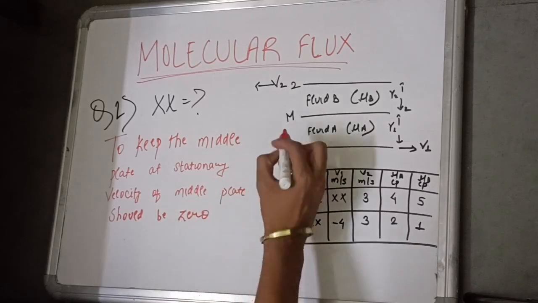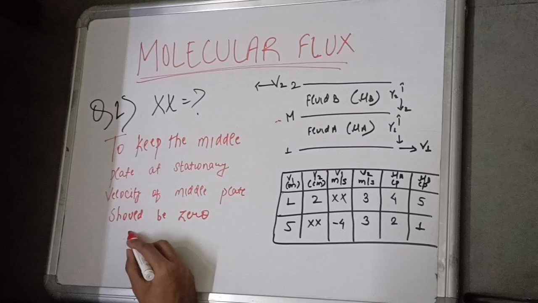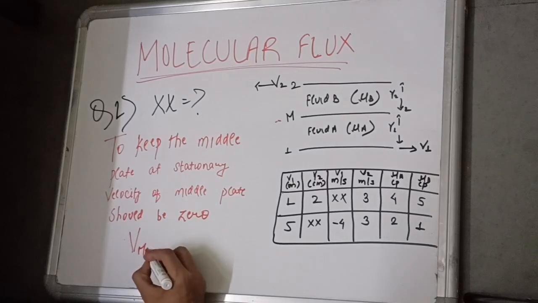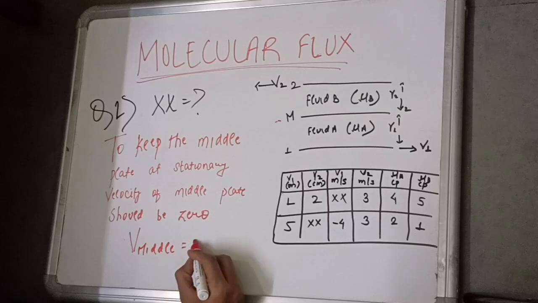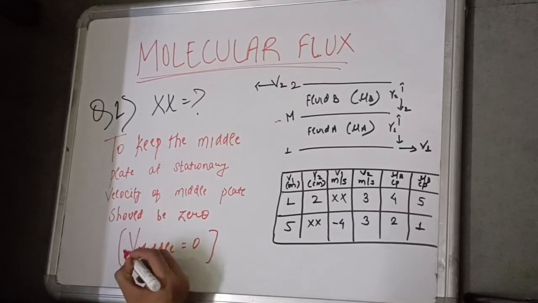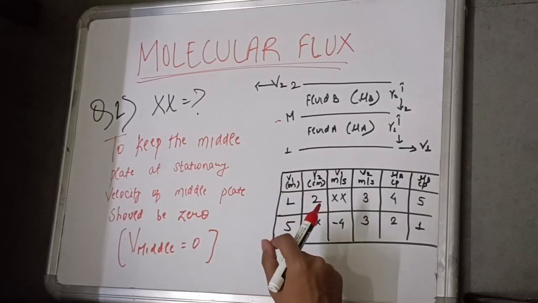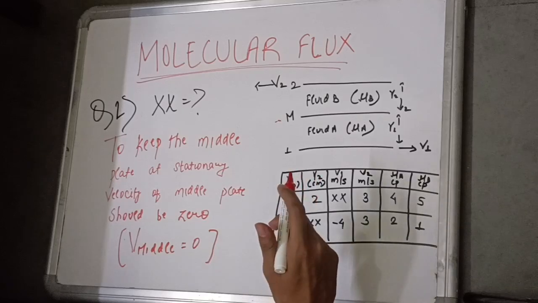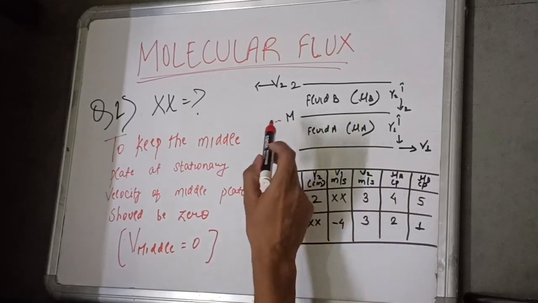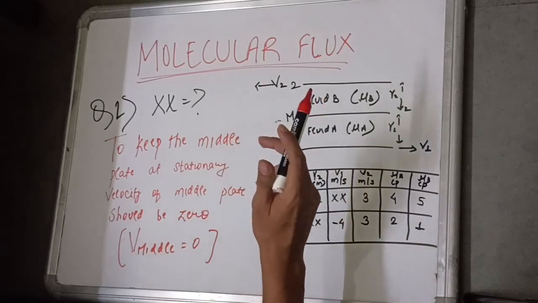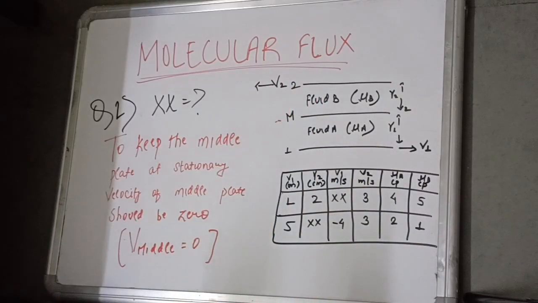Which means the velocity of the middle plate should be 0 to keep the middle plate at the stationary position. Okay, let's start solving.